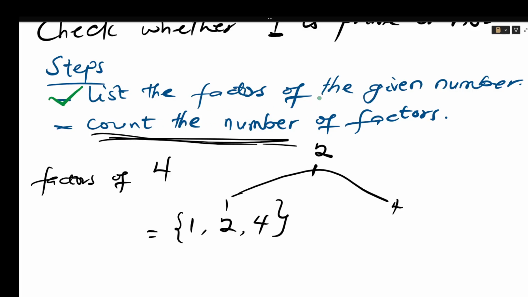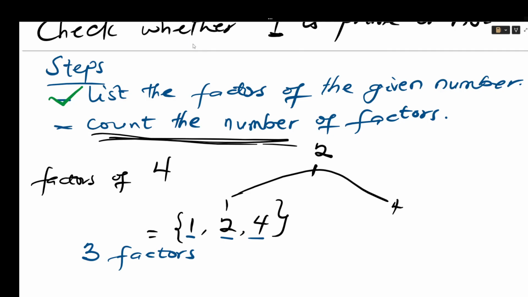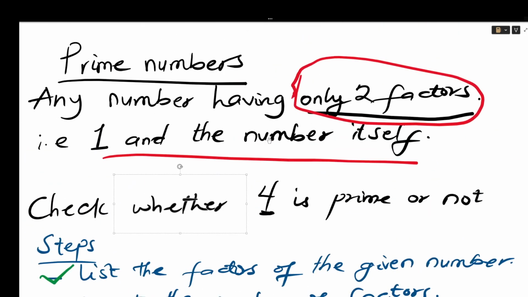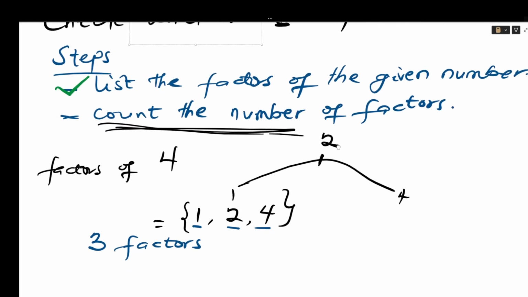Now let's count the number of factors. We have 1, 2, 3. So here we can see we have what? 3 factors. And that doesn't satisfy the definition of our prime numbers, which says that any number having only 2 factors, 1 and the number itself. Because for any number, 1 and the number itself are always factors of that number.